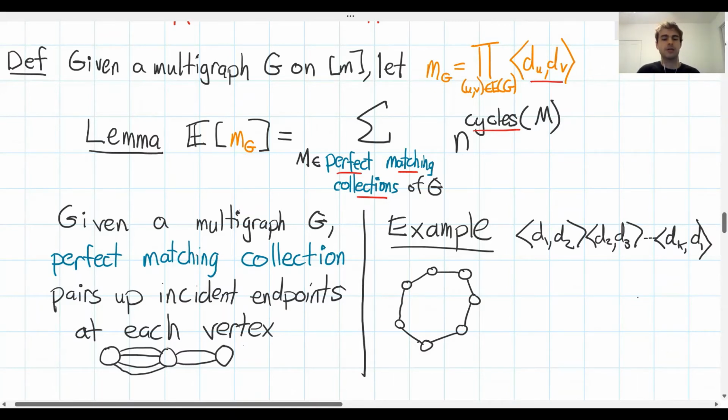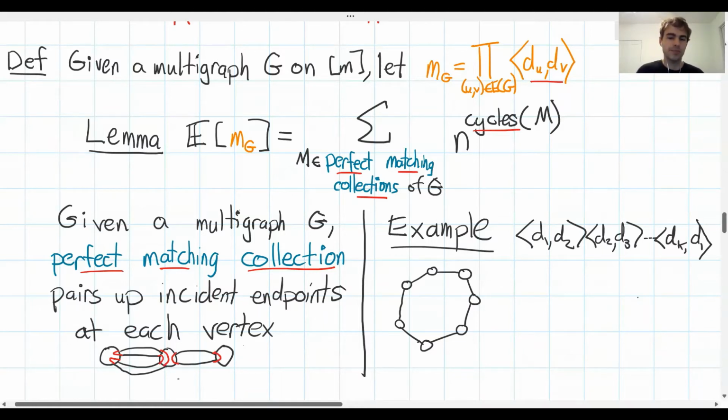A perfect matching collection in a multigraph G is a perfect matching at each vertex of the edges incident to that vertex. So for example, here I've depicted some graph G. The vertex labels aren't important. One perfect matching collection would pair up the incident edges at each vertex. So let me do that pairing now. This is one way you could do the pairing.